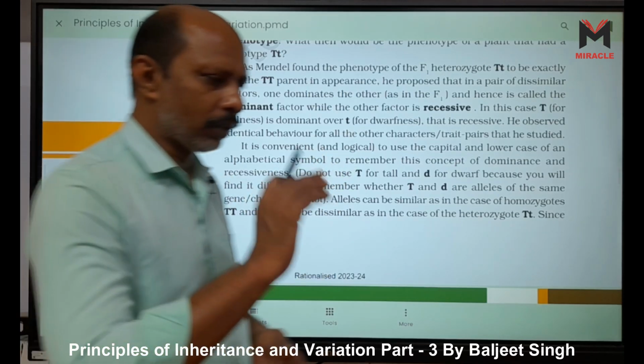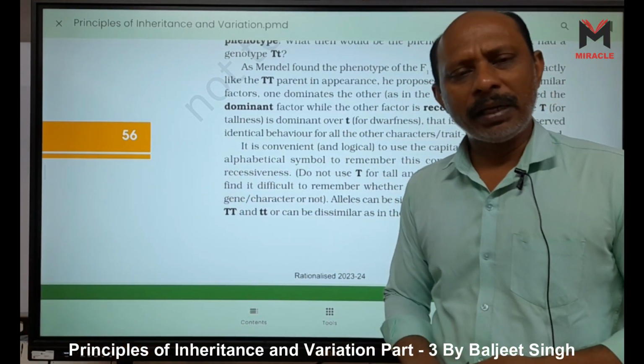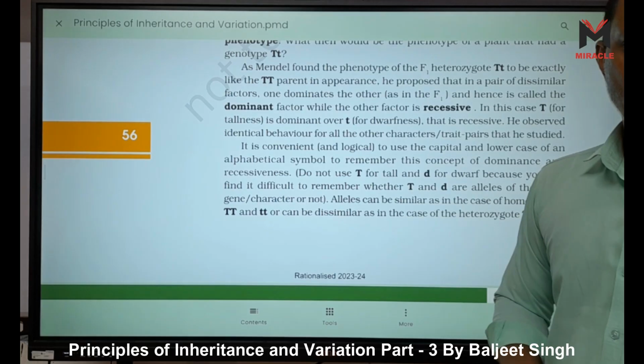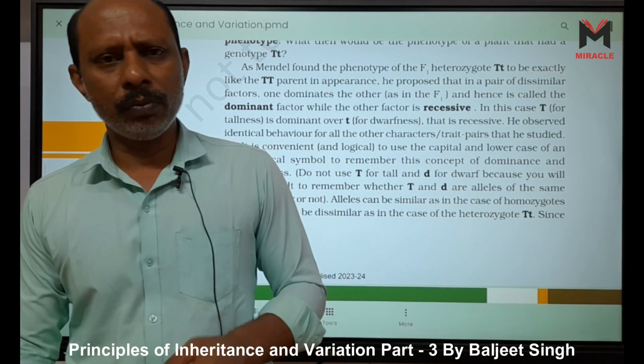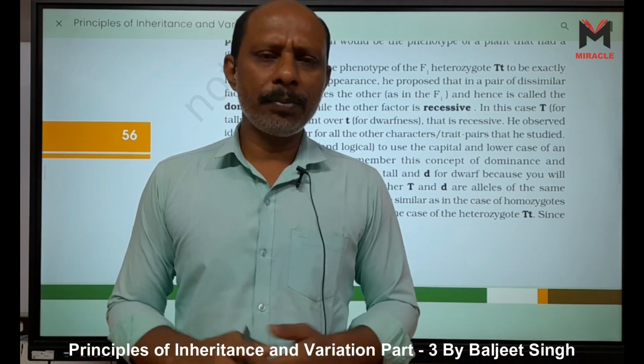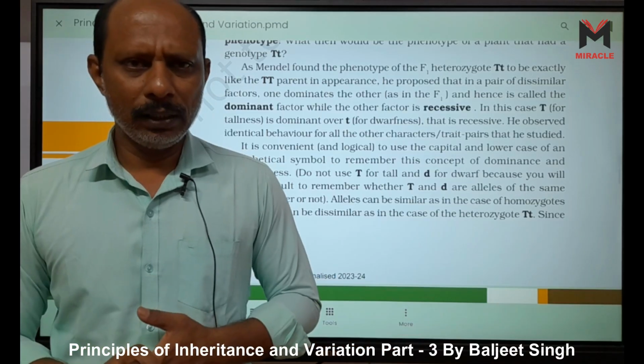It is in a single unit. It is how Mendel explained it statistically or mathematically, that is explained here. And he used this simple formula (A plus B) square is equal to A square plus 2AB plus B square. That is given simply here, right?